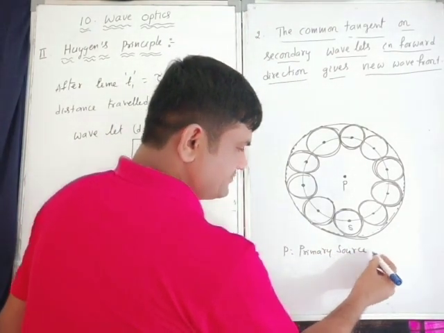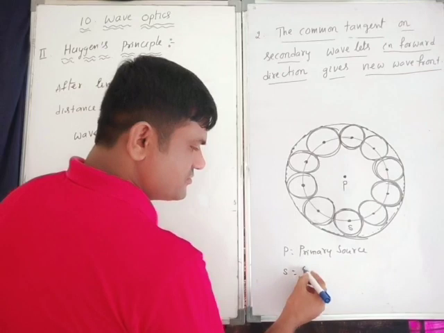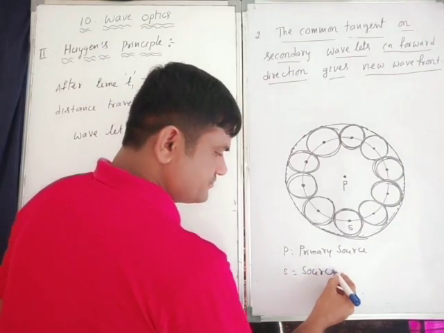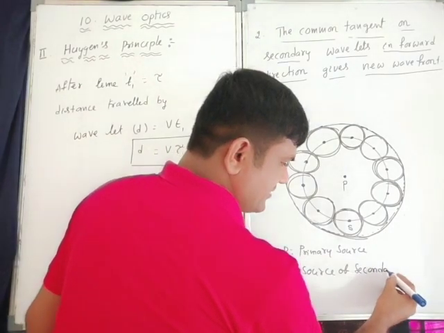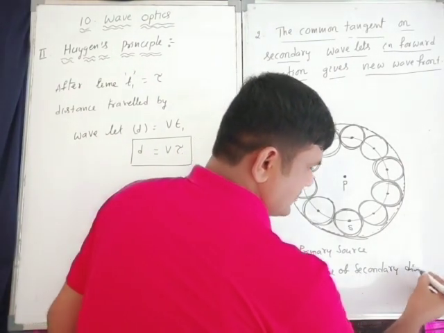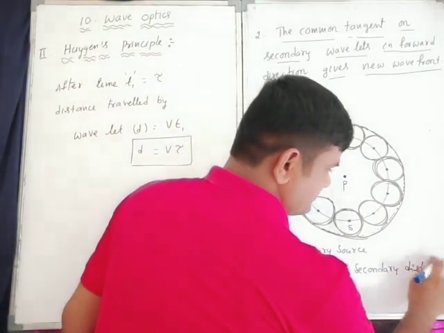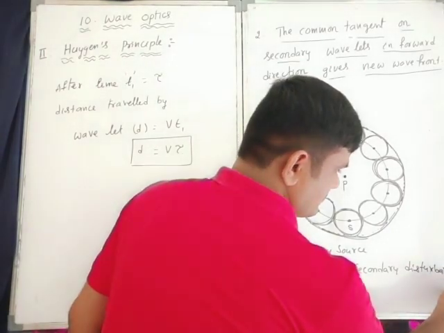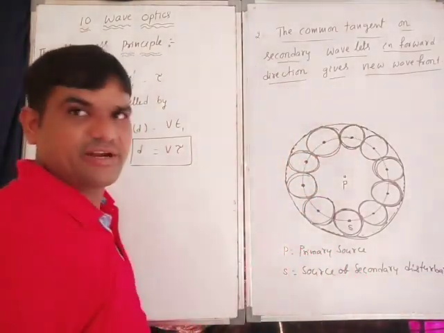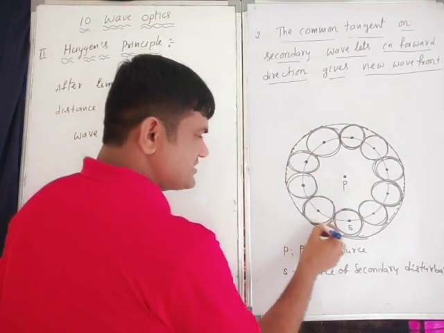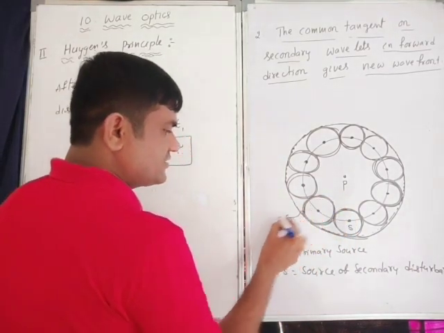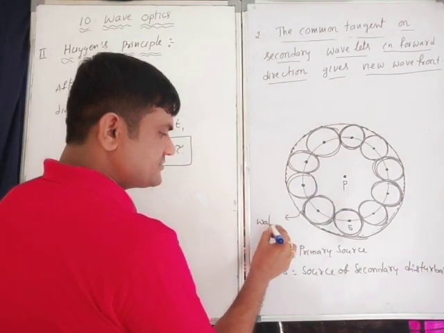Last and final: S is the source of secondary disturbance. And this circle, this sphere, is nothing but a wavelet.